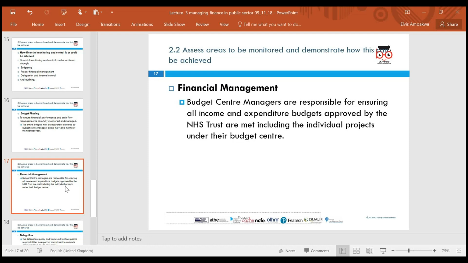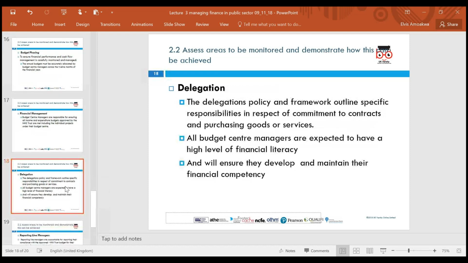We have the A&E, we have acute centers, different centers. So we have different budget centers with different managers. We can manage, monitor, and control by making sure that such budget center managers are doing the right thing to ensure that all income and expenditures are approved by the trust. Let's look at the next slide.